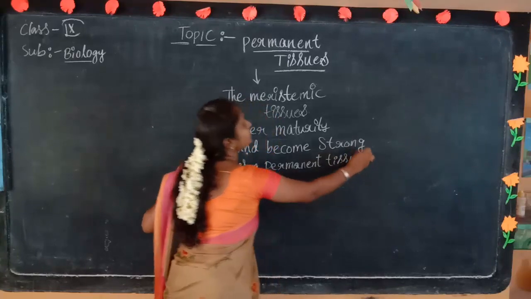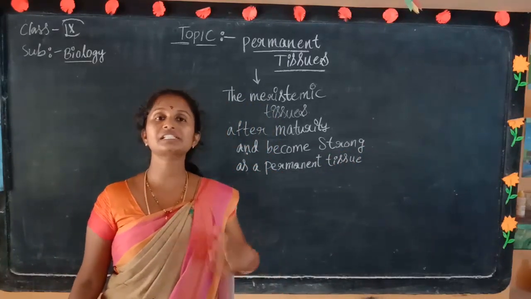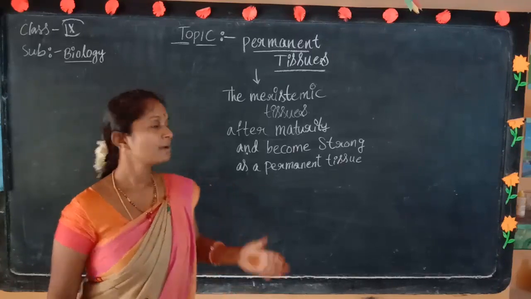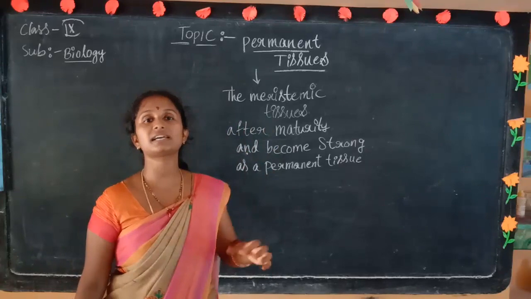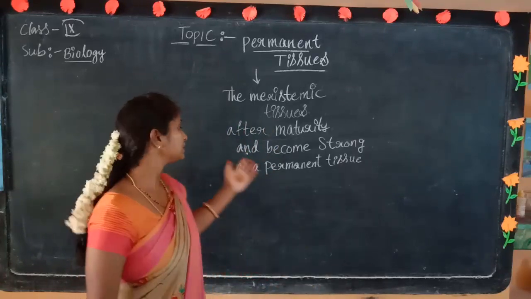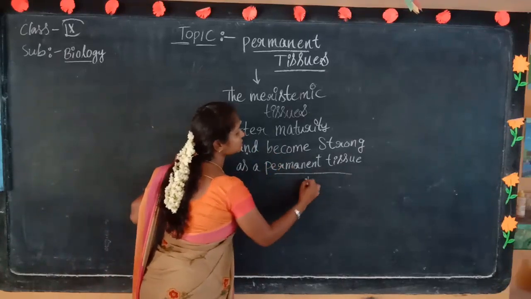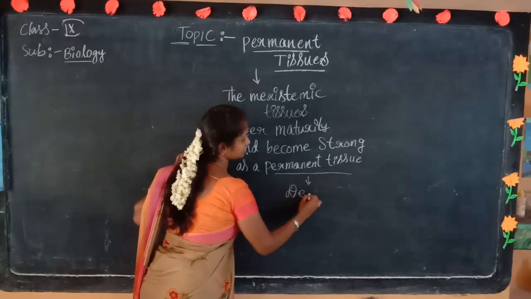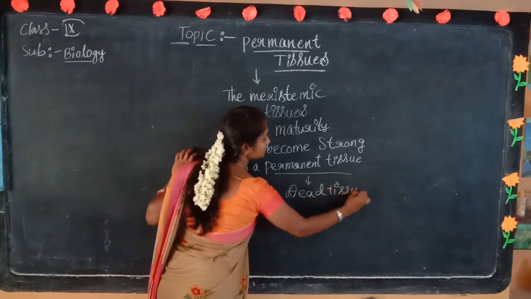Meristematic tissues means the cells are alive, continuously dividing and growing. But after the years and days are completed, the meristematic tissues will turn into permanent tissues, and these permanent tissues will be dead cells. Permanent tissues are dead cells.